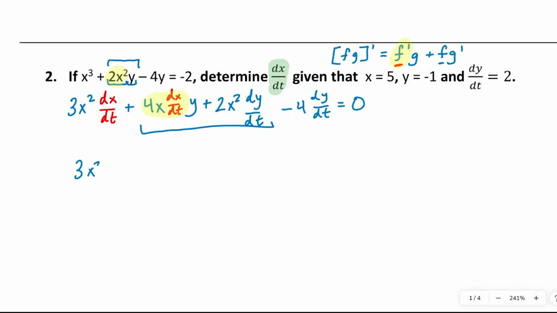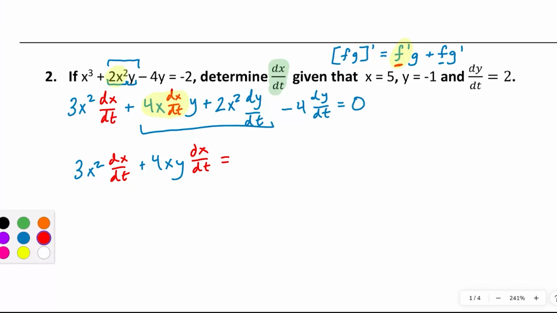So I've got 3x squared dx dt plus 4xy dx dt equals 4 dy dt minus 2x squared dy dt.